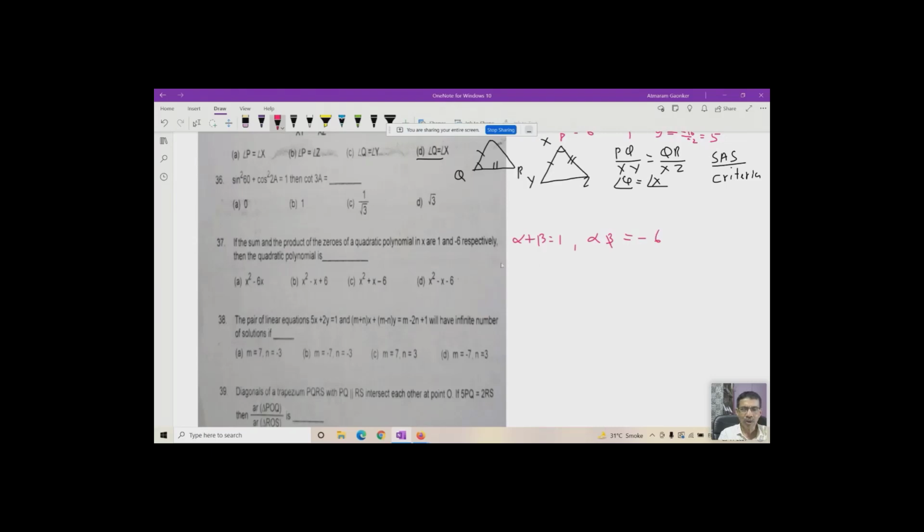So the general form of a quadratic polynomial in terms of alpha and beta is x square minus (alpha plus beta) into x plus alpha beta.